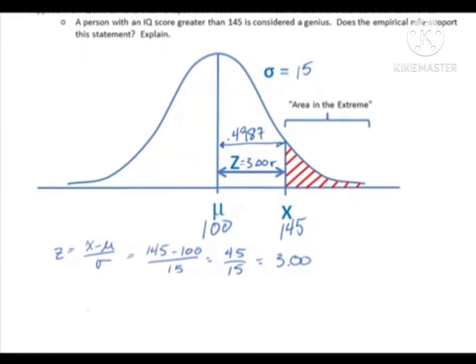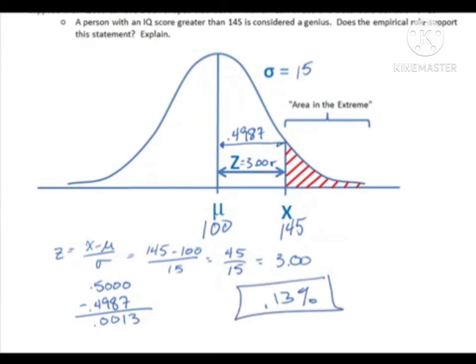So if we subtract 0.4987 from half of the graph, we get a total of 0.0013, or 0.13% of the population has an IQ greater than 145.